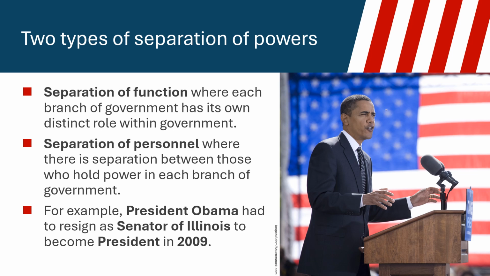For example, President Obama had to resign as Senator of Illinois to become president in 2009. It was also the case that President Taft could not serve as both President and Chief Justice of the Supreme Court at the same time, the only individual to have done so.